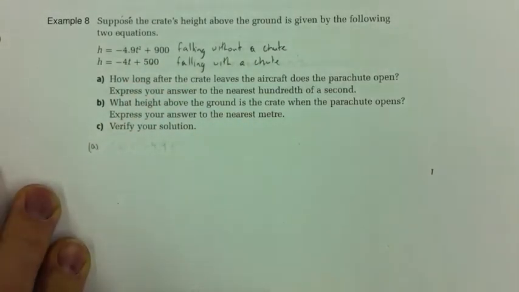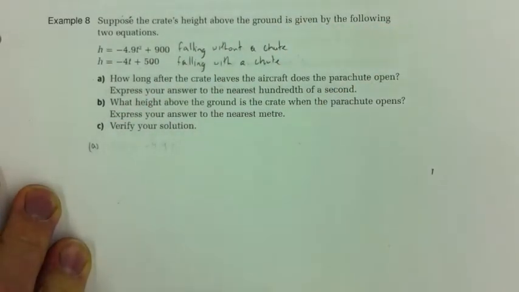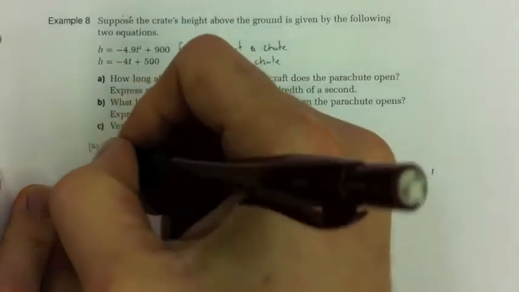What they're asking us to do here is to figure out when the heights of the two equations are the same, because that's when the parachute opens. So we need to solve this system. We're going to use substitution because h is already isolated.